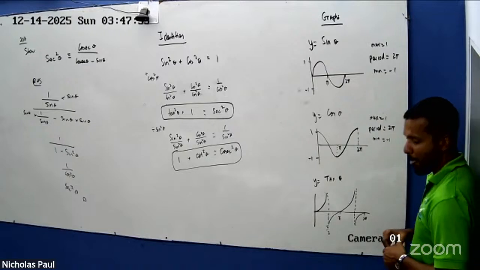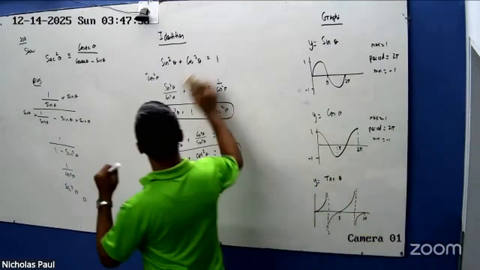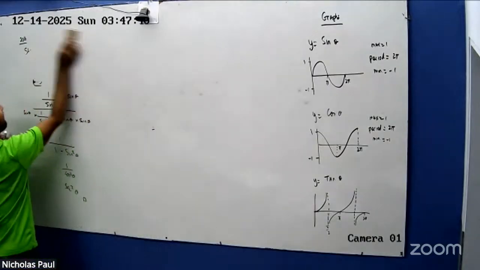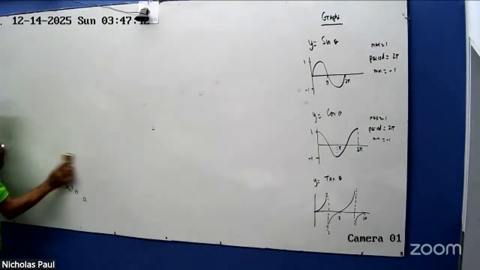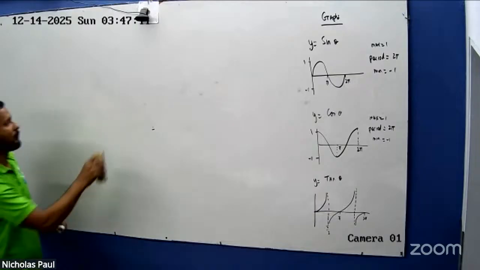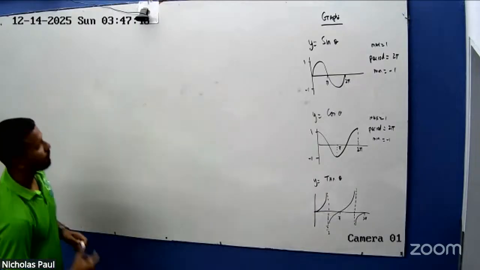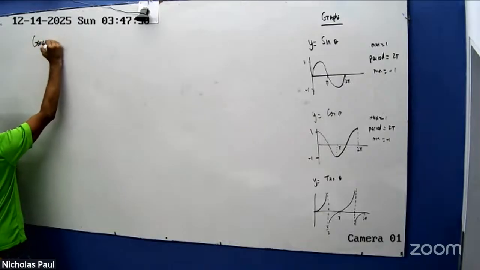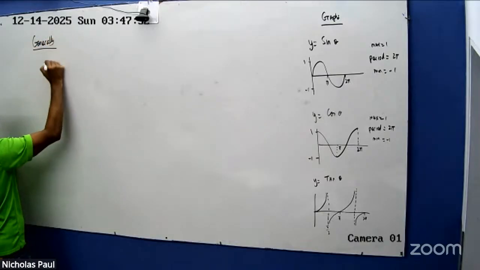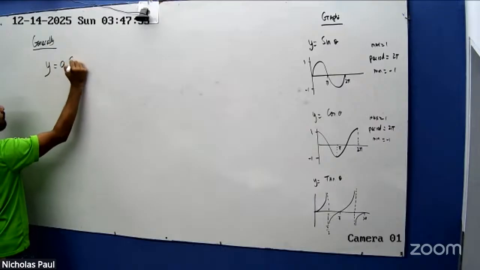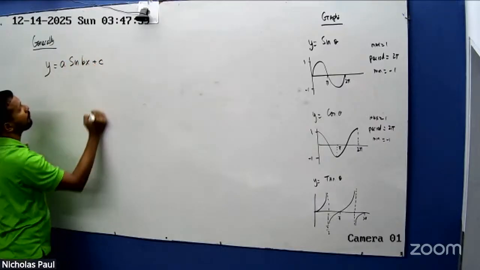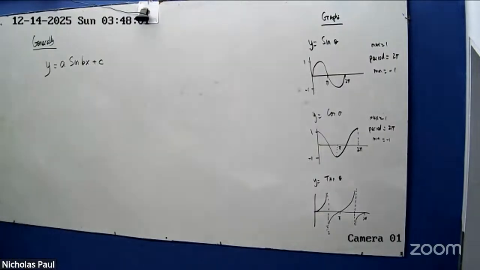All right, but what happens when you see things like this? What will happen if you see a graph like that?